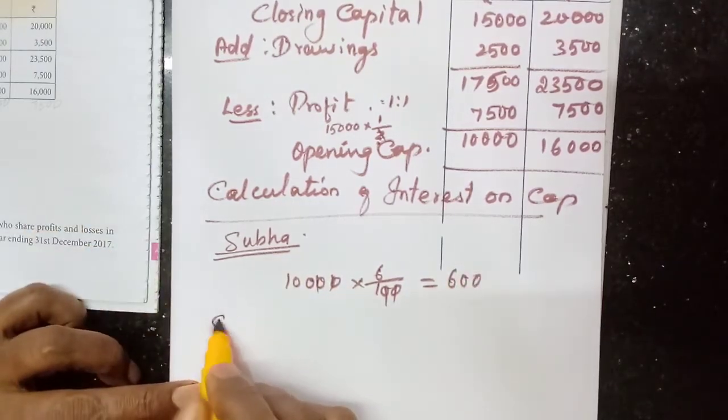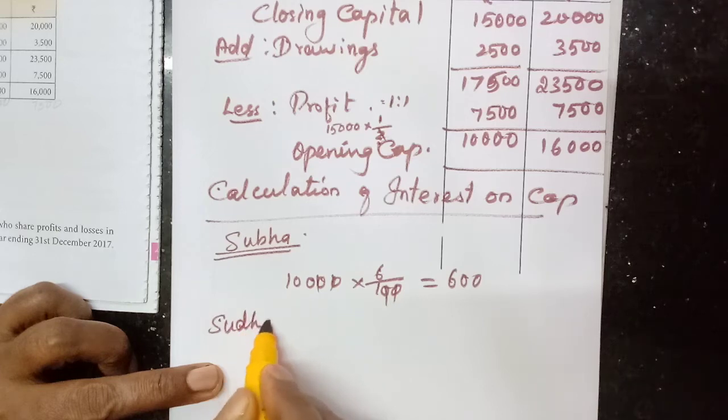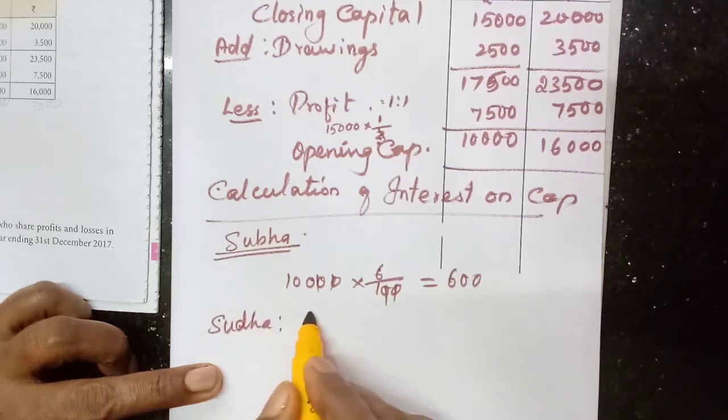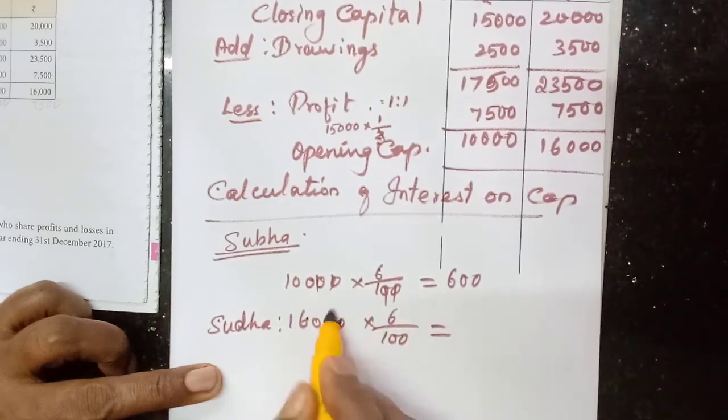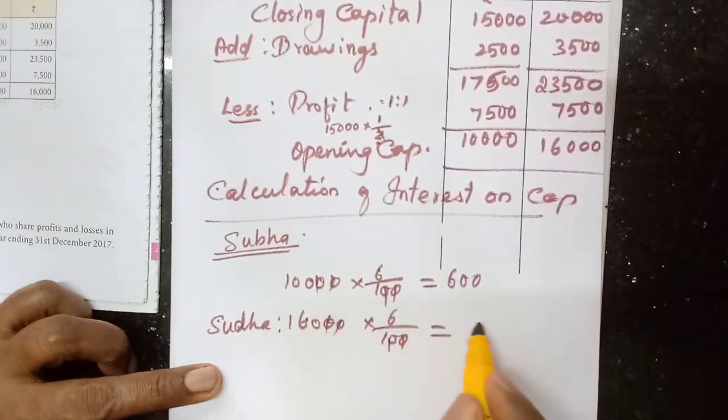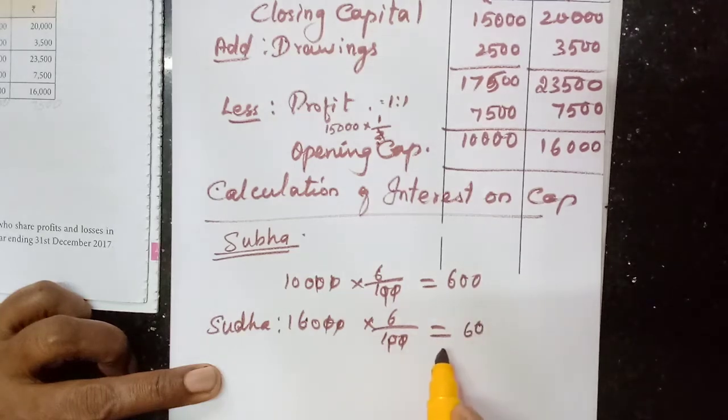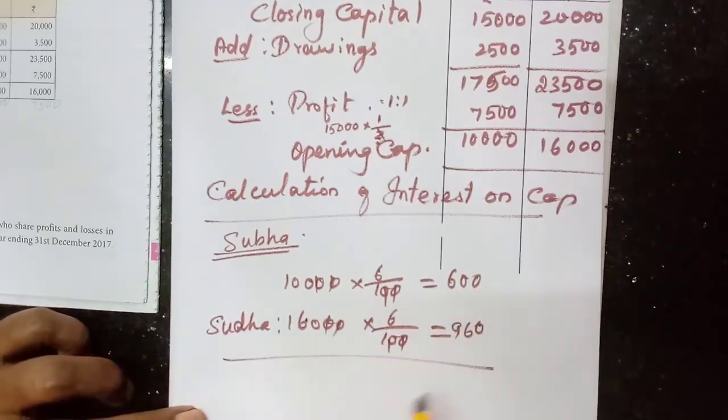Then for Sudha, what is the opening? 16,000 into 6/100. 6 6s are 36, balance 3. 1 6 is 6, 6 plus 3 is 9. Okay, this is the answer.